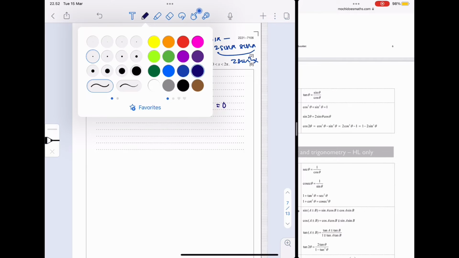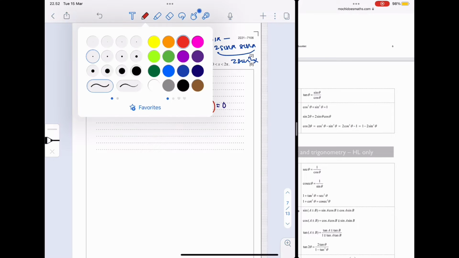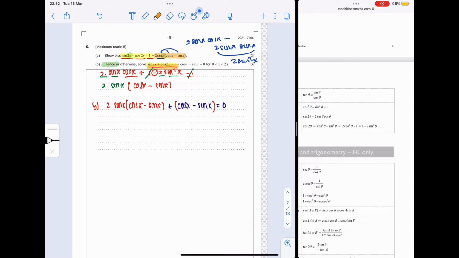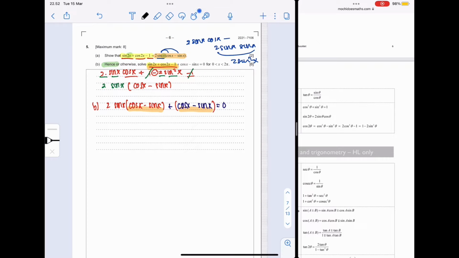Maybe you didn't notice about it. If you put a bracket here, both will be the same: cos x minus sine x, cos x minus sine x. It means you are allowed to factorize it to make it simpler. So I'll factorize it. Cos x minus sine x. Okay? And I'll copy the rest.